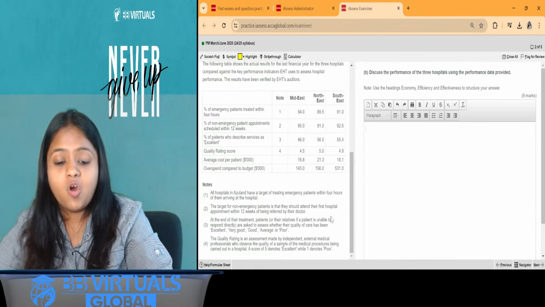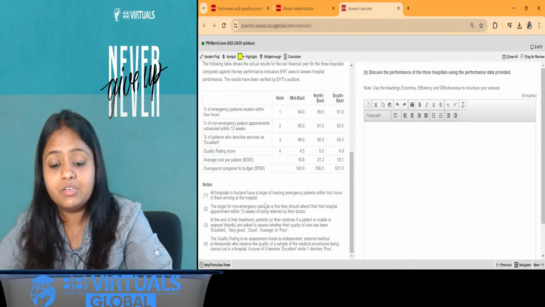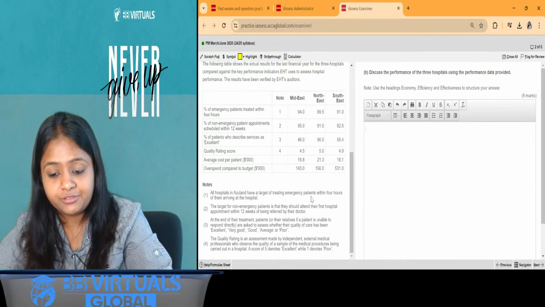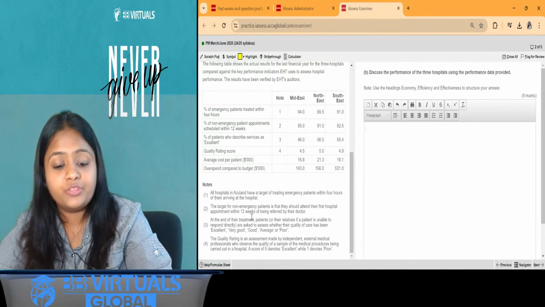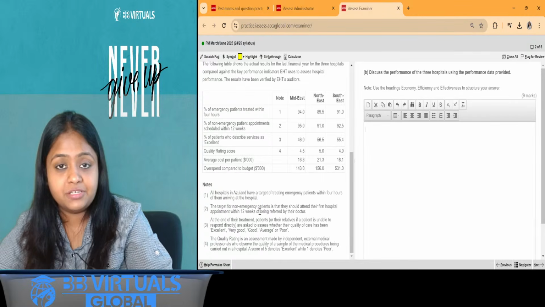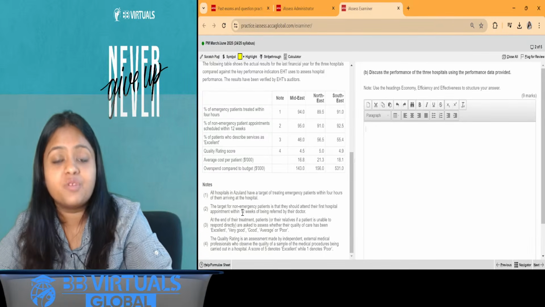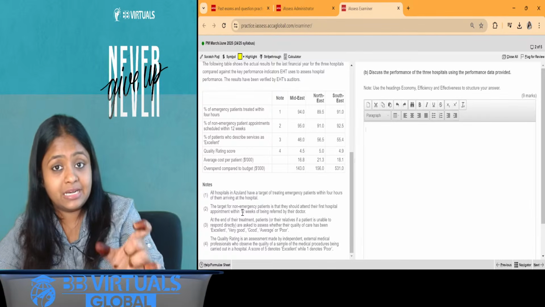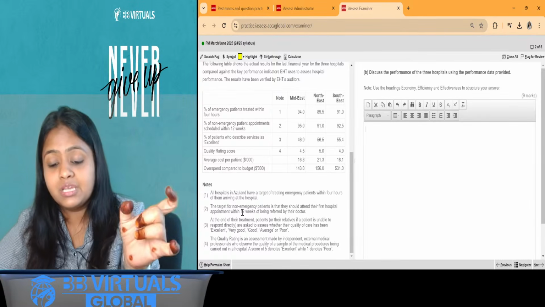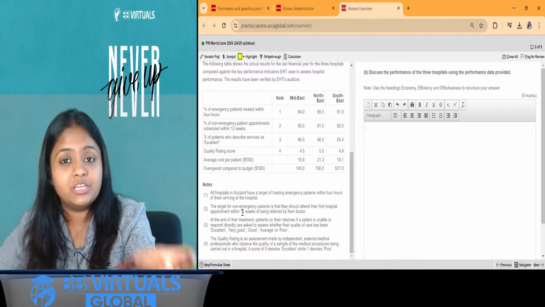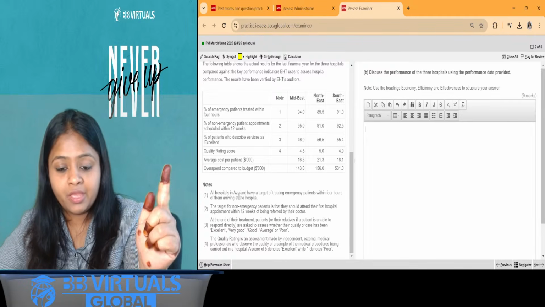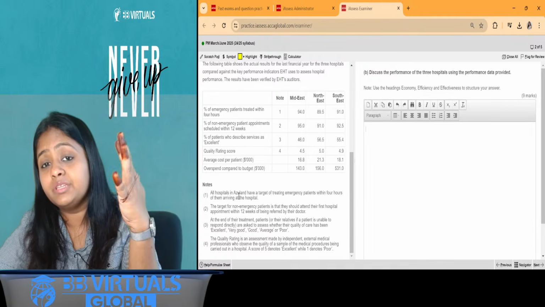First note: all hospitals in Azuland have a target of treating emergency patients within 4 hours of them arriving at the hospital. The target for non-emergency patients is that they should attend their first hospital appointment within 12 weeks of being referred by the doctor. So there is a criterion that they have to attend their first appointment within 12 weeks of the referral. Okay, and emergency patients to be treated within 4 hours.